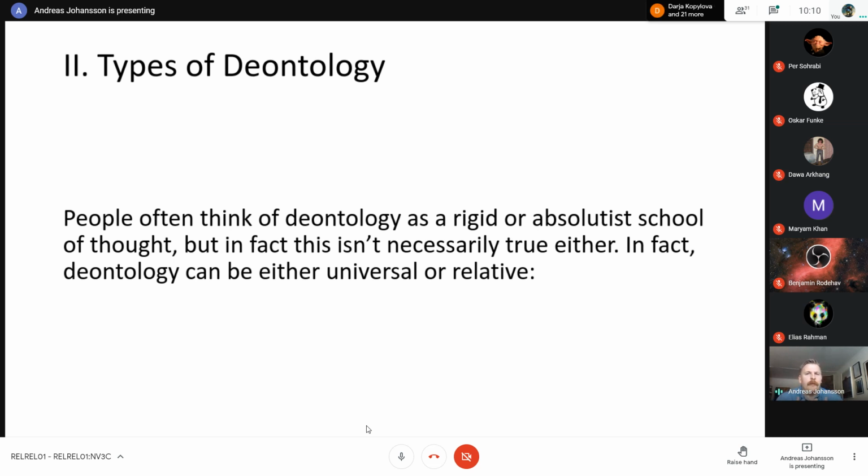Because often we think about, okay, so if some things are right and wrong, we are going towards the absolutist corner, right? But actually, we could say that some actions could be relative as well, and we are defining something called pro tanto duties, and that's where Ross comes into the picture. But we're gonna start with Immanuel Kant.